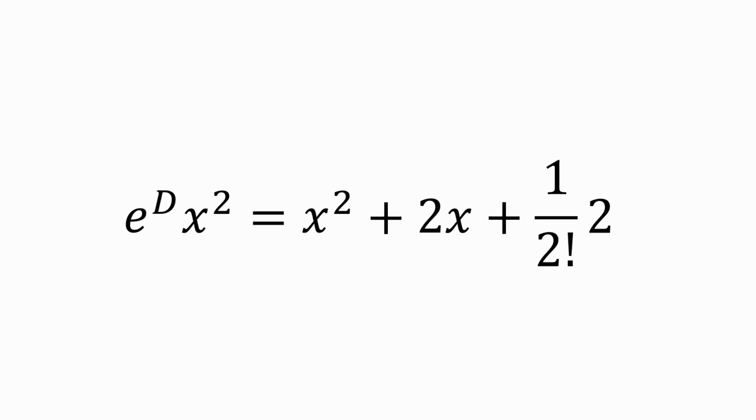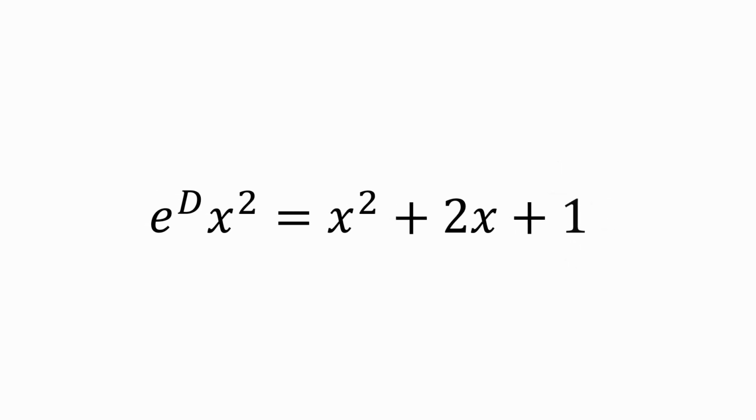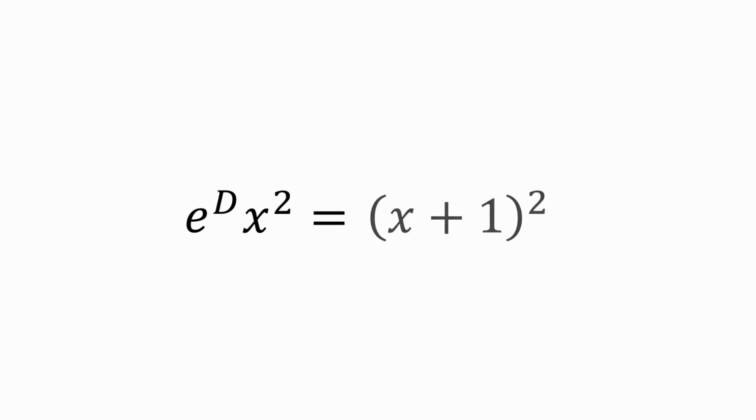The last term here is equal to 1. This is a lot less nice than what we had before. E to the d is definitely not just adding 1. You might notice that we can factorize the right hand side into x plus 1 all squared. So e to the d turns x into x plus 1, and it turns x squared into x plus 1 squared. It seems to be replacing x by x plus 1.